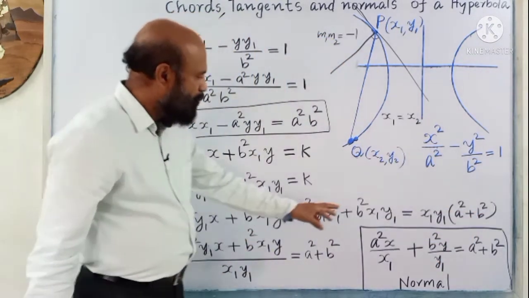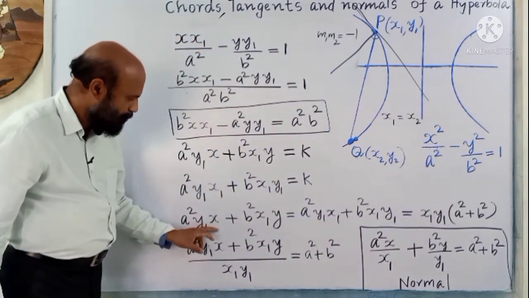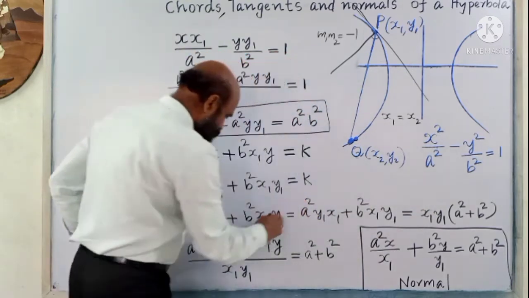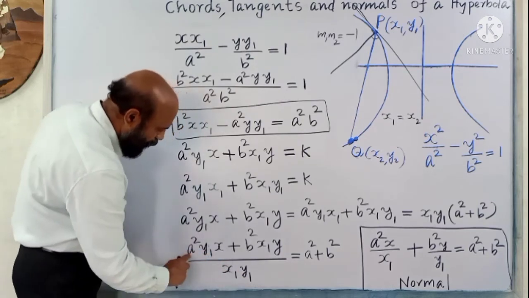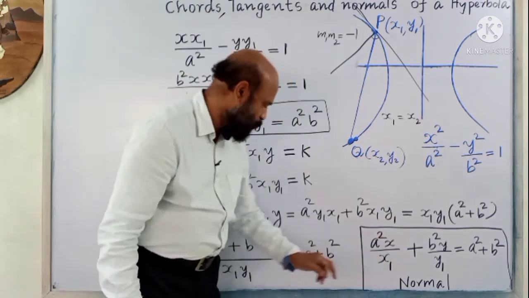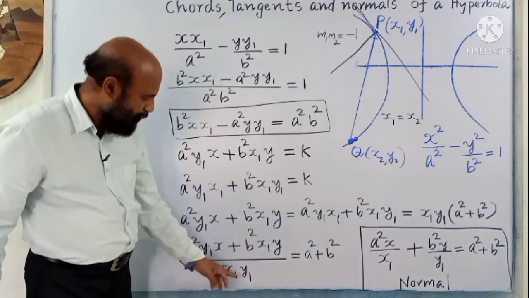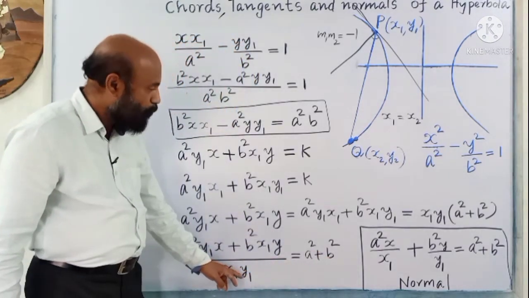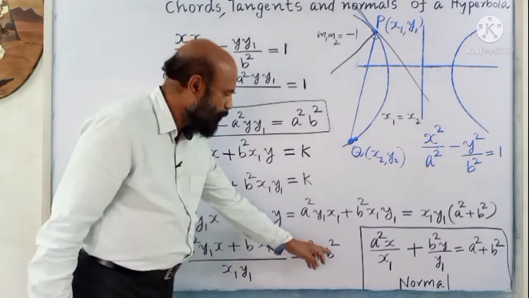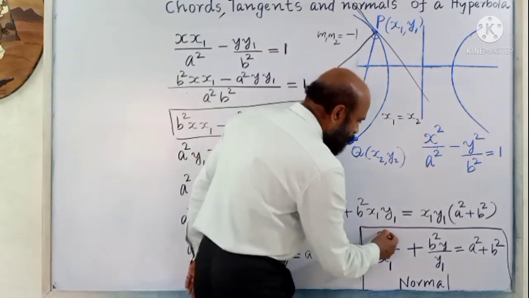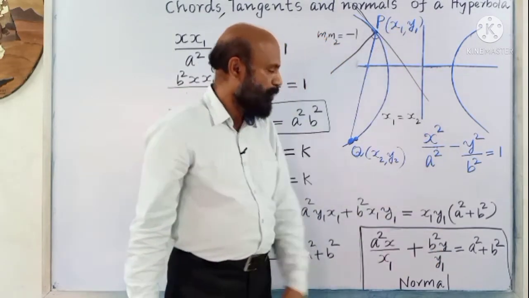Now take this x1 y1 to this side, so it will come to the denominator. When it is taken to this side, y1 will get cancelled. So a square x by x1 plus, here x1 will get cancelled, so b square y by y1 is equal to a square plus b square. So this is the equation of the normal at the point x1 comma y1.